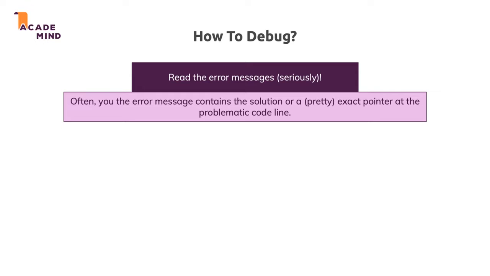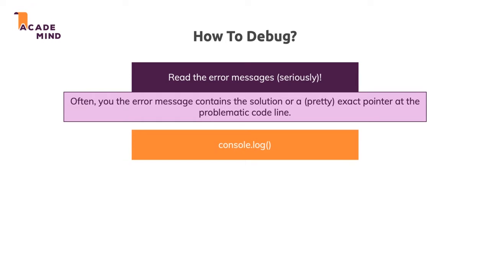Now, let's say you're not getting an error message, but your app is not behaving correctly in some spot, or you're not sure if some value is set correctly in some part of your code. A very easy way of looking into your code, of getting a feeling for the values you're working with in code, is to use good old console log.